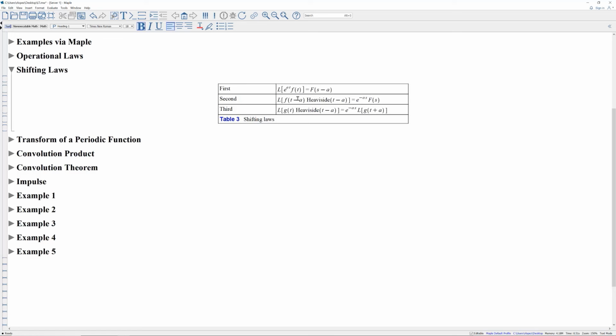This is a very difficult problem. Some functions make it easy to arrange shifting. Sines and cosines and exponentials and polynomials, they are easy to write in the form t minus a by taking f of t, writing t minus a plus a.